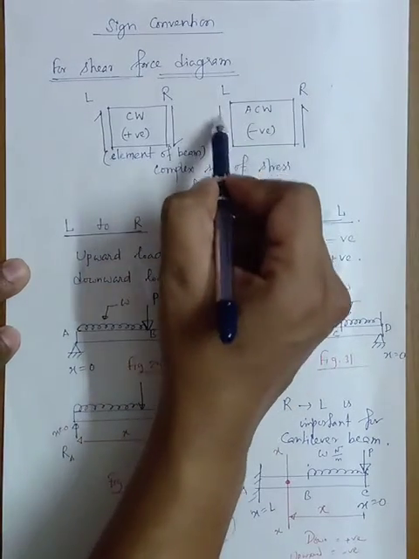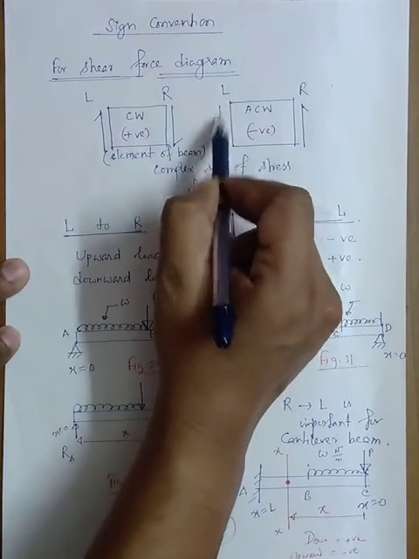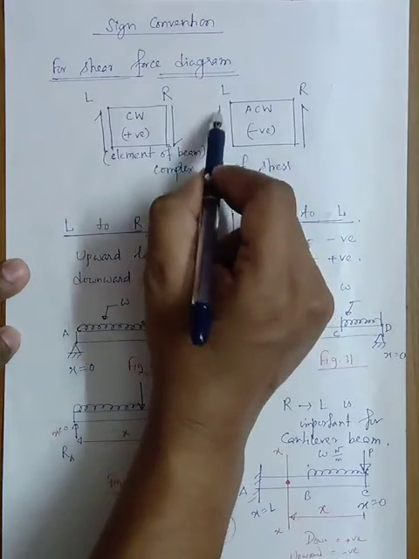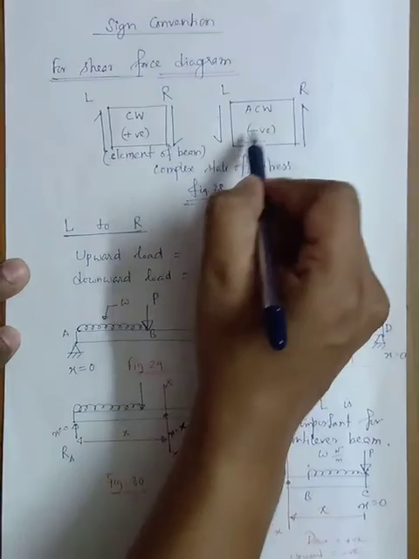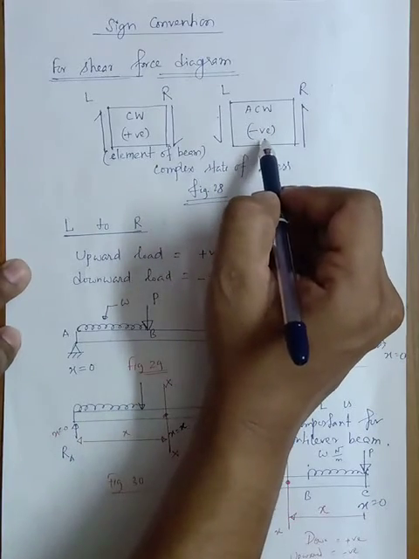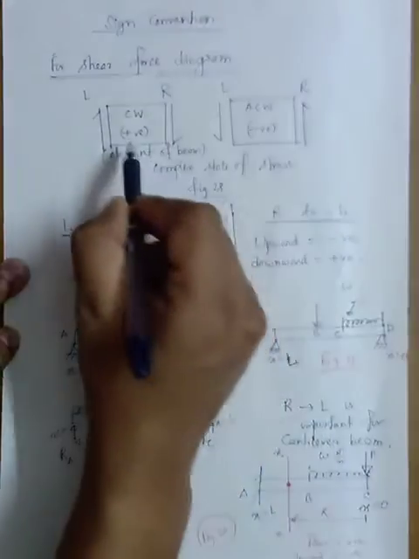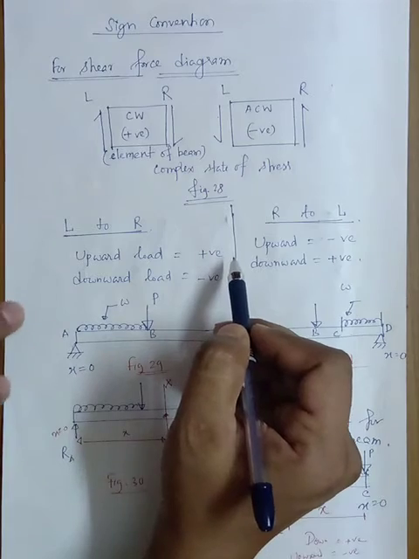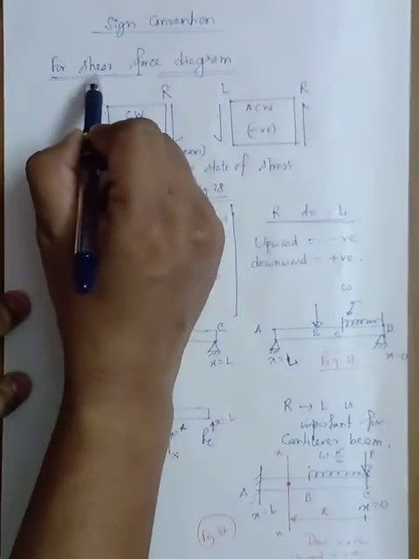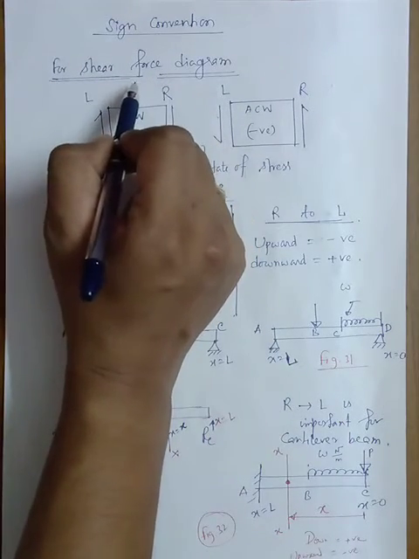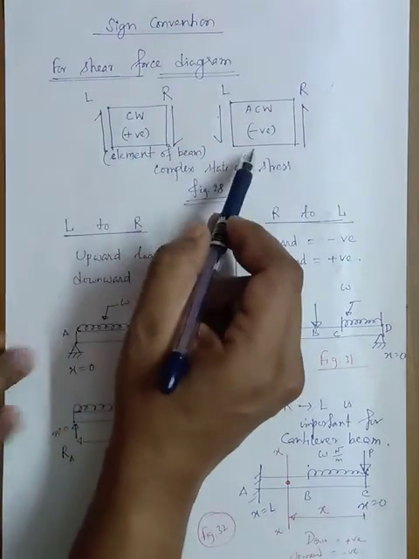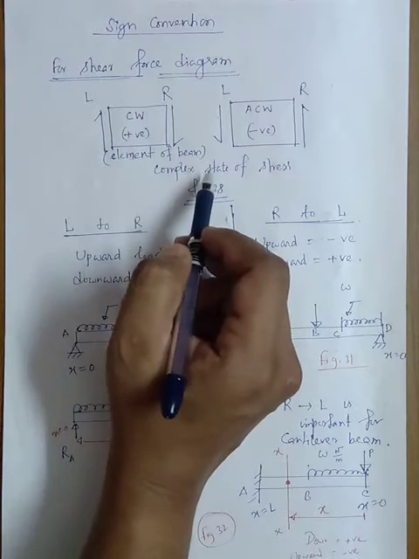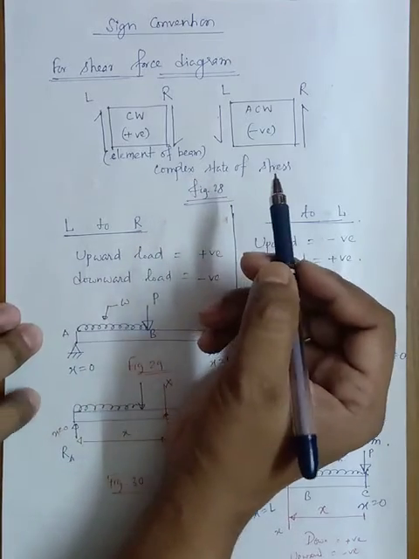And on the element of a beam, if the effect is anti-clockwise, then the shear force value is negative. So to determine shear force, we need to follow this sign convention for the forces. I will show you by taking the example of a beam.